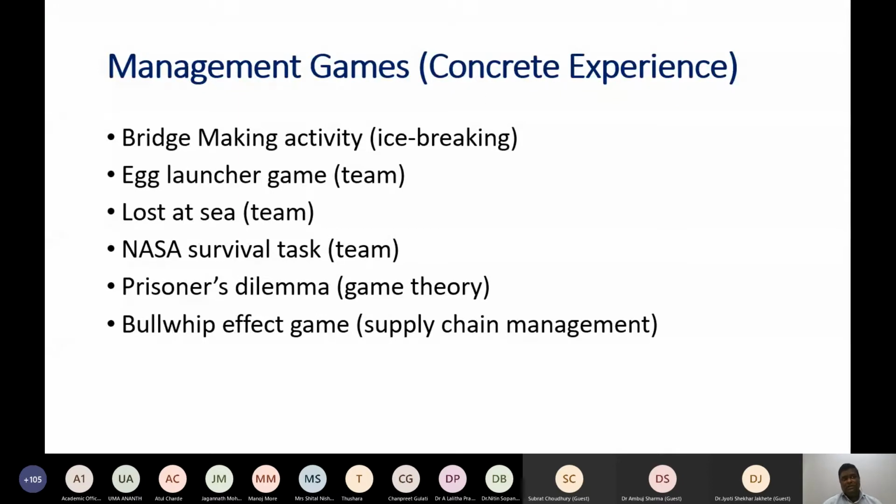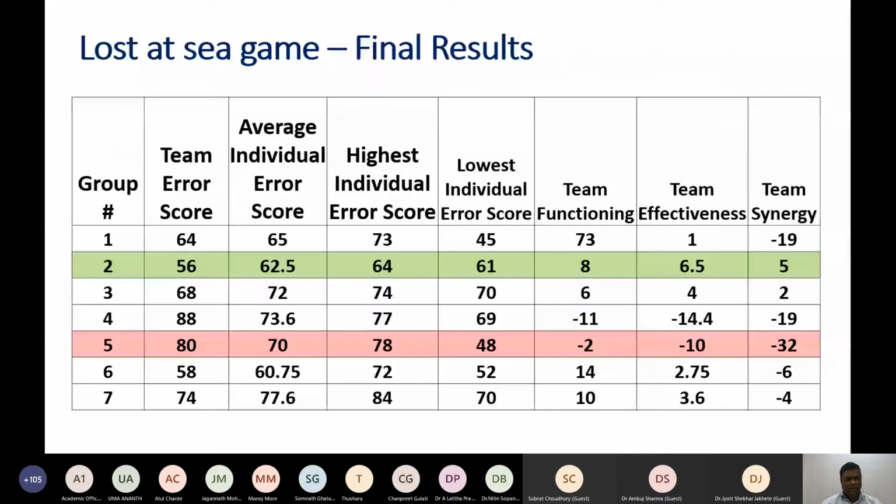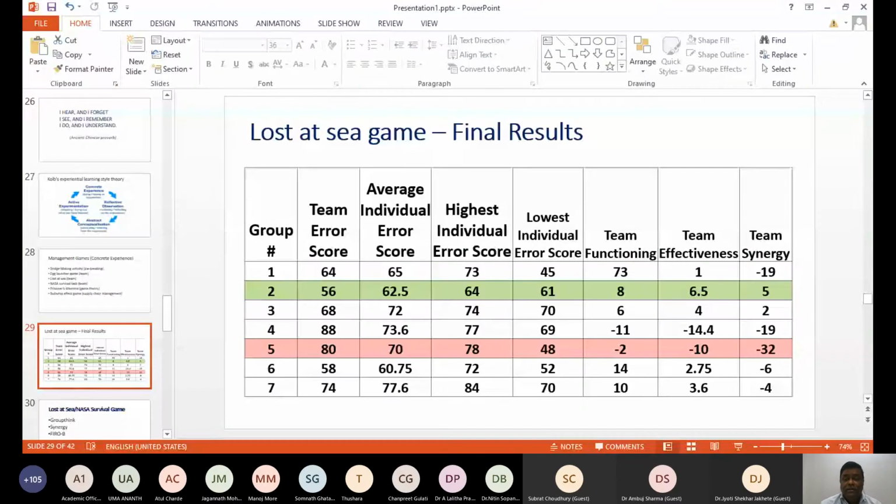These are the topics that I can teach by using Prisoner's Dilemma. I'm going to explain all these games, the last four games now, one after another. Lost at Sea, let me explain to you first. Before that, let me show you the Lost at Sea document.